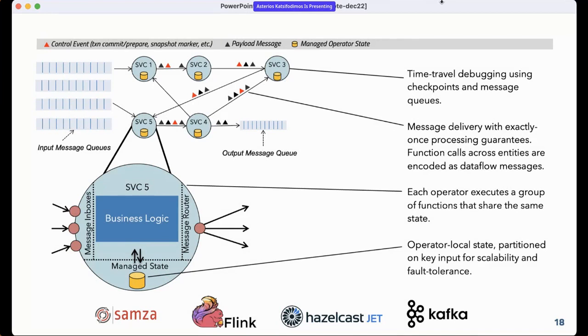If you take any of the existing stream processors nowadays, take Samza or Flink or Jet or Kafka, anything, they basically all, by now, and since, let's say, 3-4 years, they can all guarantee for you the following: that message delivery will be done with exactly once processing guarantees, okay?